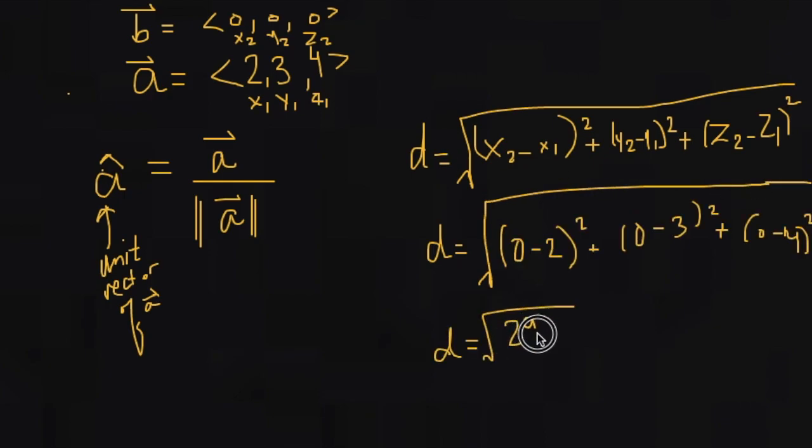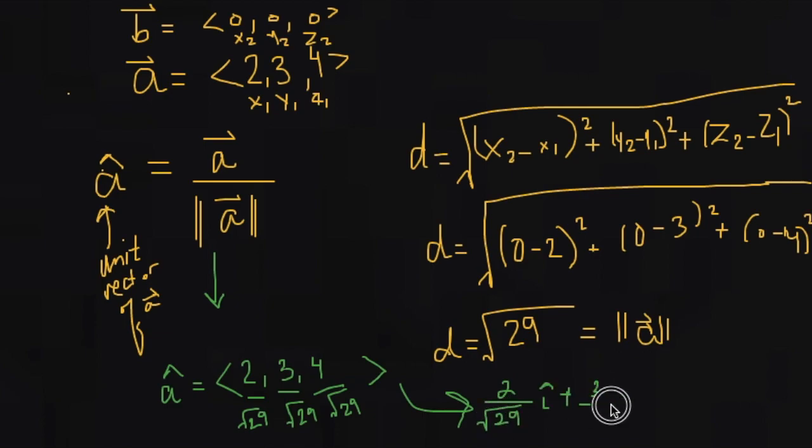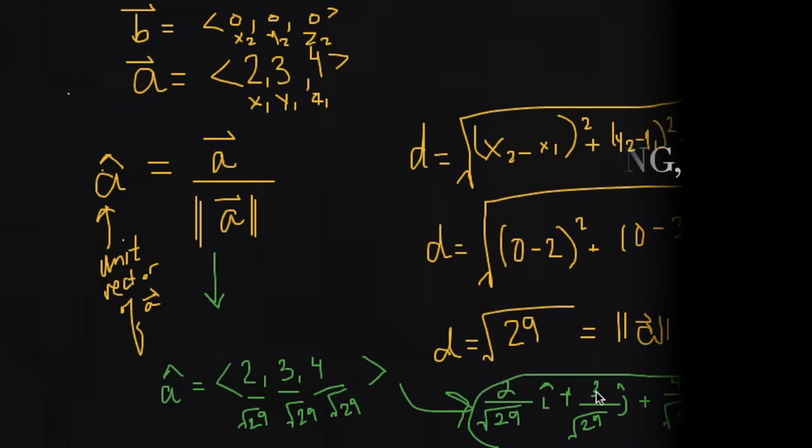So we get the square root of 29, which is the magnitude of A. Now in order to find the unit vector, we divide each term in our vector by the magnitude. Now putting it into component form, we have 2 over root 29 i plus 3 over root 29 j plus 4 over root 29 k. This is the unit vector of A, which is A hat.